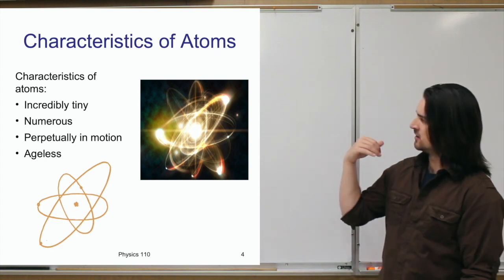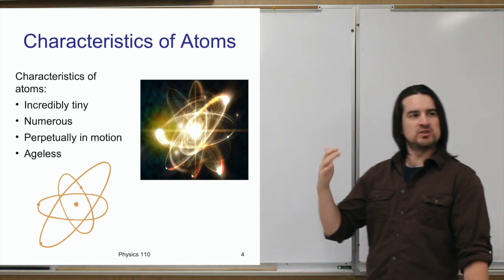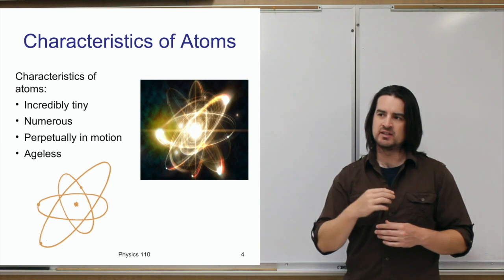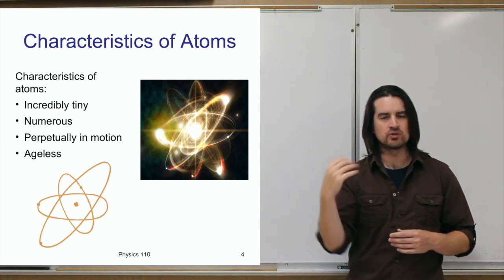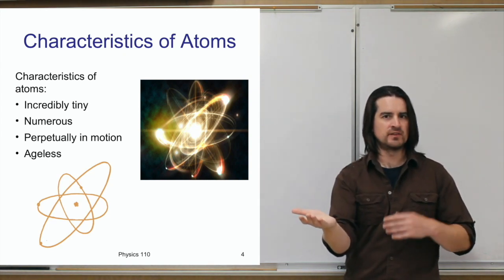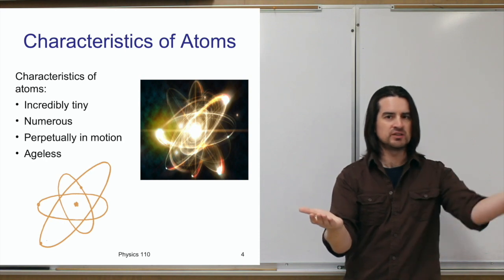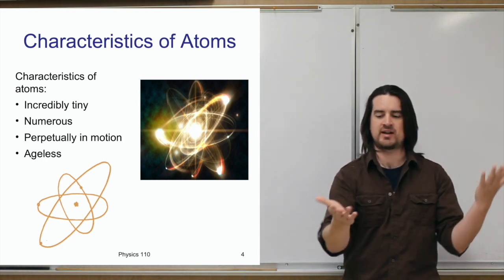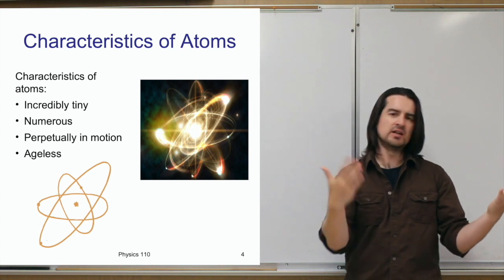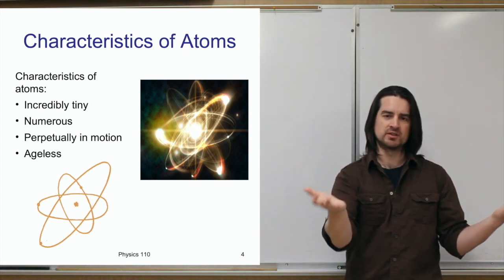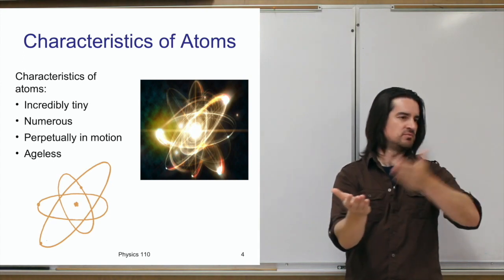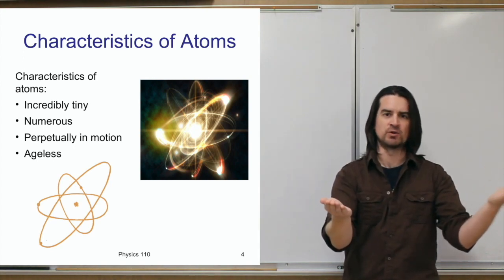And finally, there's this characteristic that we could say they're ageless, in the sense that if I have a gold atom, say, then 1 million years later, as long as there weren't any nuclear processes, which we'll mention later, and nothing broke that atom apart, there's no sense that the gold atom is any older.